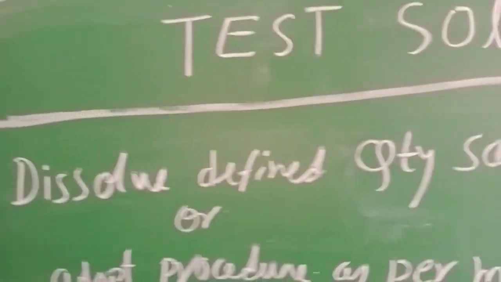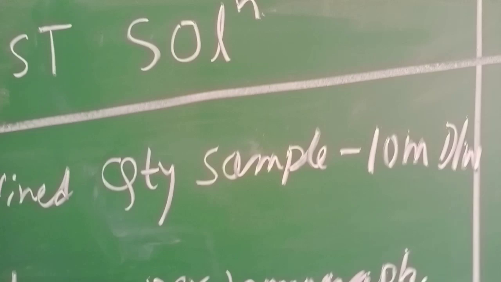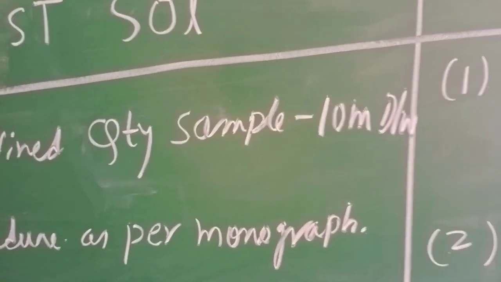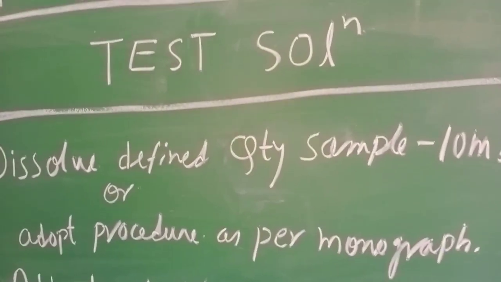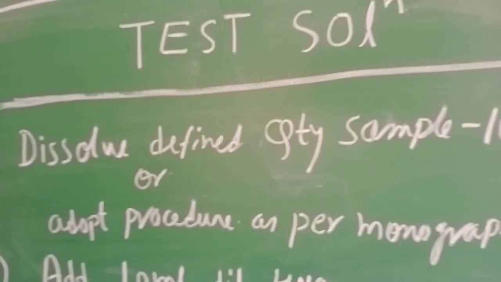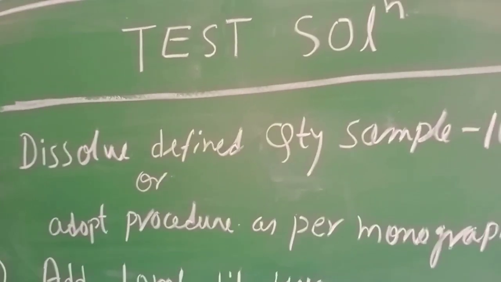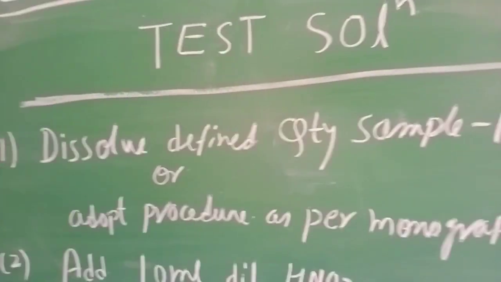So the sample must first be dissolved in a definite quantity of distilled water and transferred to the specific glassware meant for the limit test, that is the Nessler's cylinder.